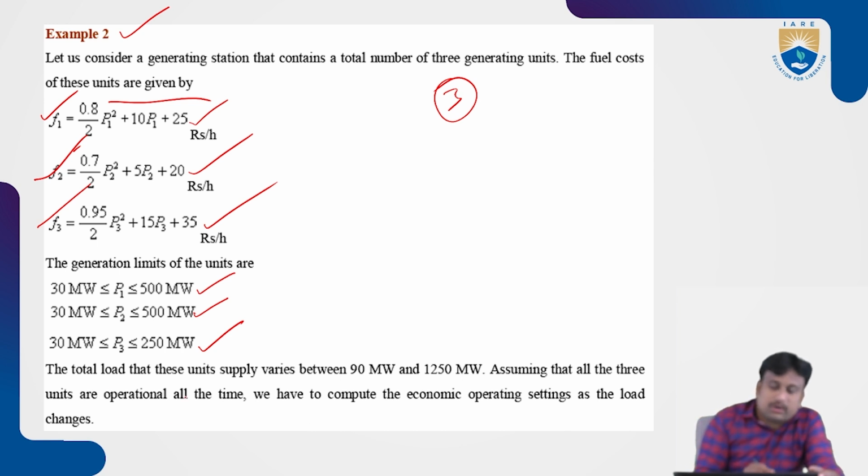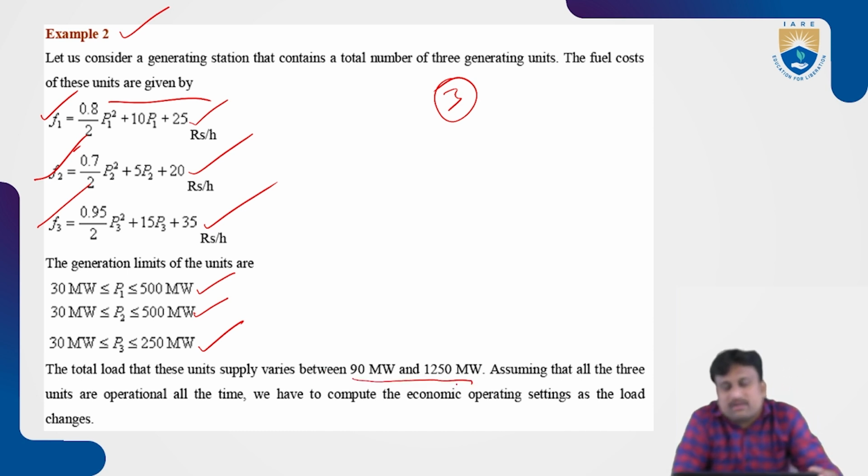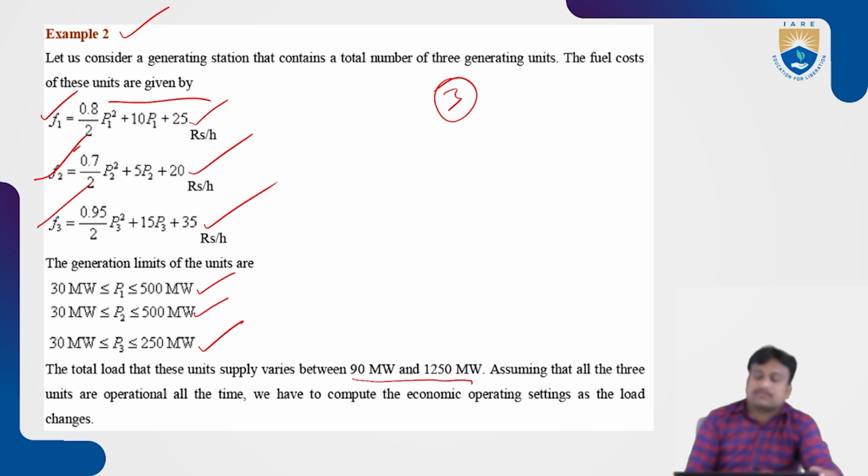So the total load that these units supply varies between 90 and 1250 megawatts. This is the variation.